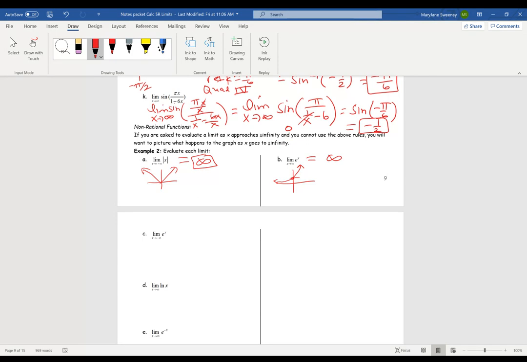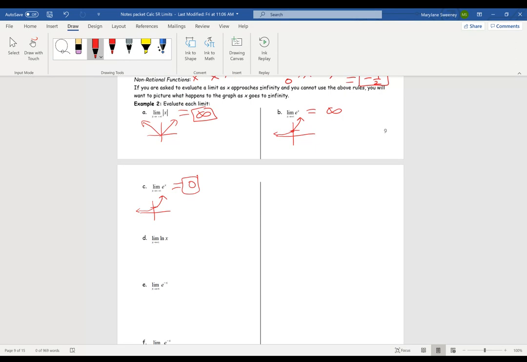Next one is asking, I'm sorry, not e to the negative x. We're asking the limit as x approaches negative infinity of e to the x. So e to the x looks like this. As x approaches negative infinity, we're going towards 0 because there's a horizontal asymptote.